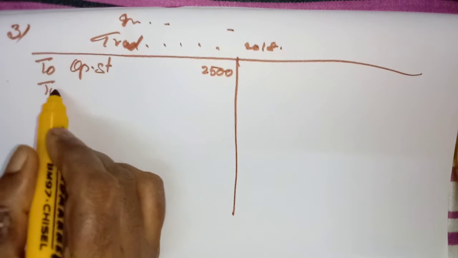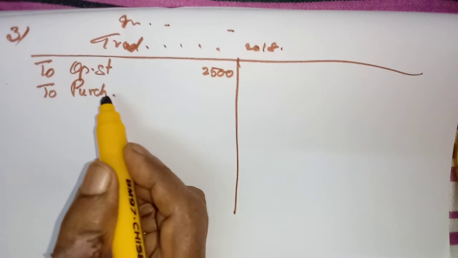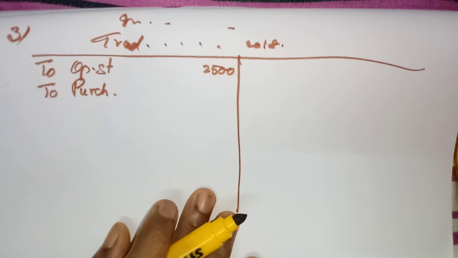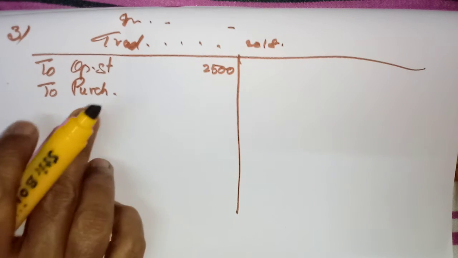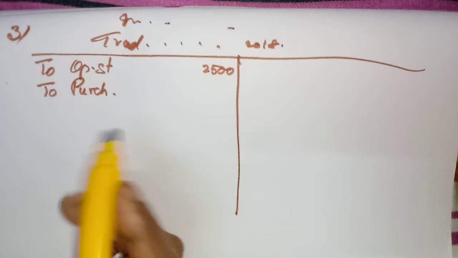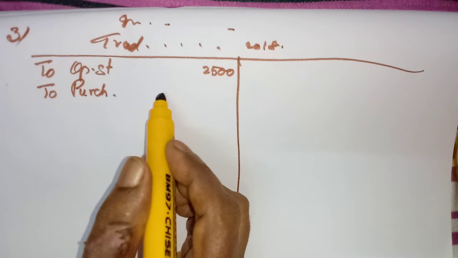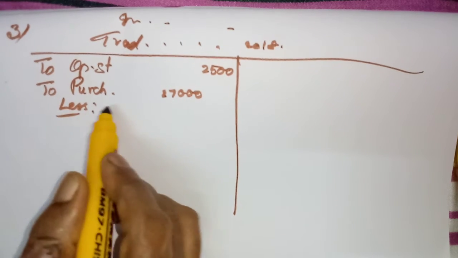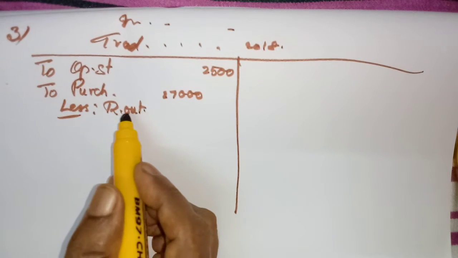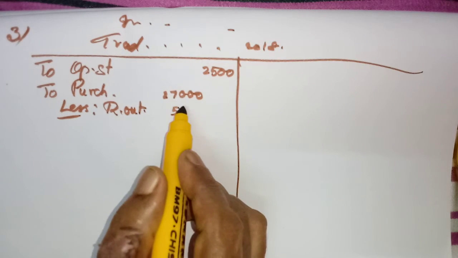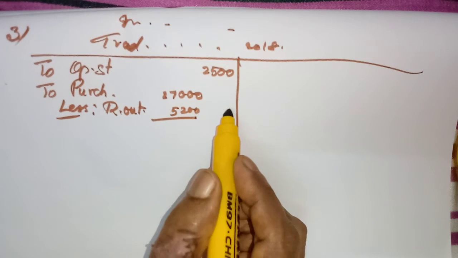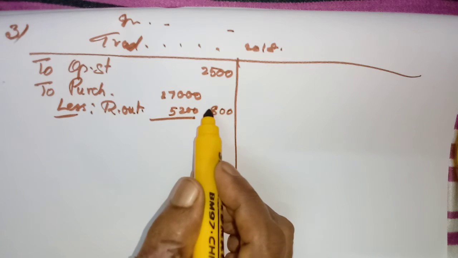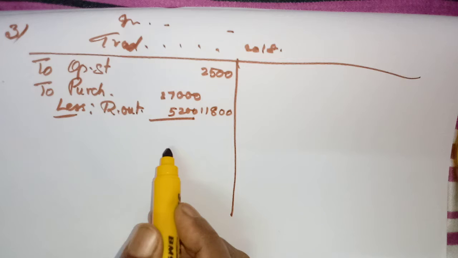Then to purchases. First you check any purchase returns. Here two returns are given. One is return outward, one is return inward. What is purchase return? Return outward only. So we have to write in the inner column purchases 27,000 less return outward 5,200, which is 11,800.